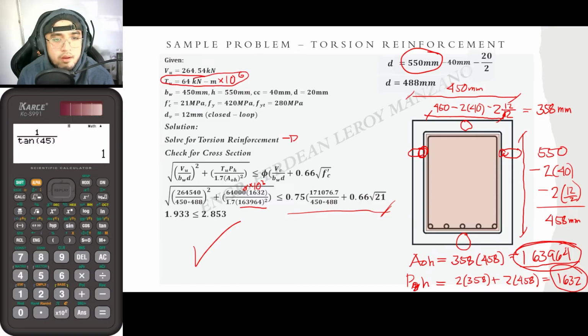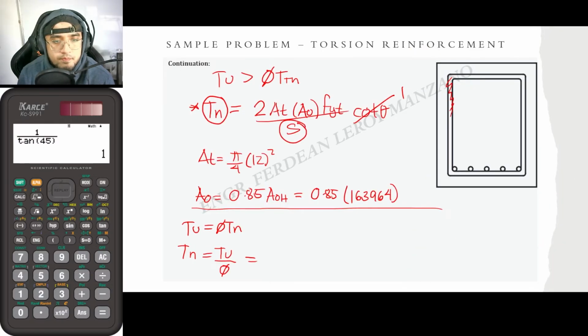Let us multiply it by 1 million in order to convert it into newton millimeters, for unit consistency. So 64 million divided by phi of 0.75.